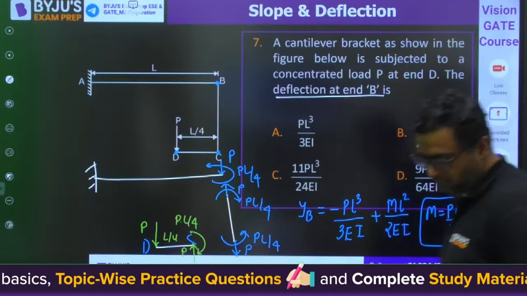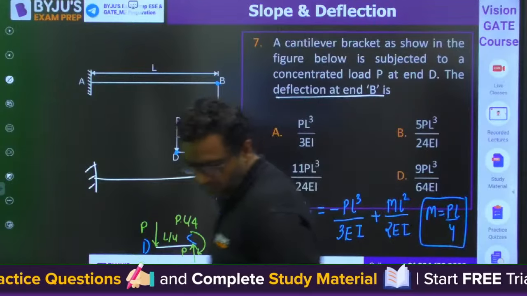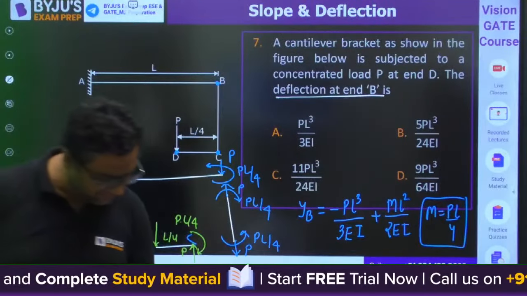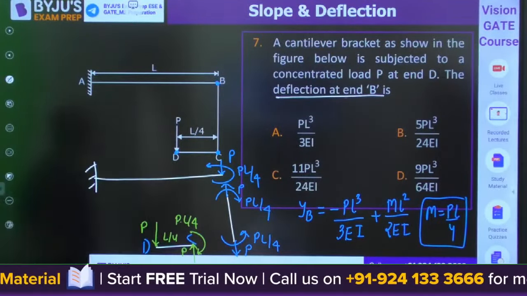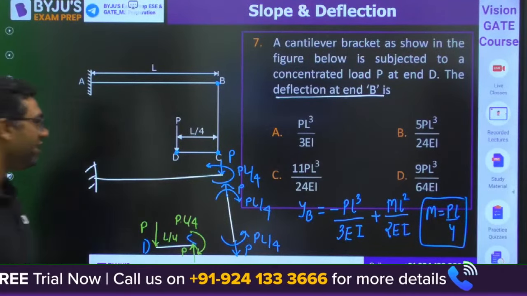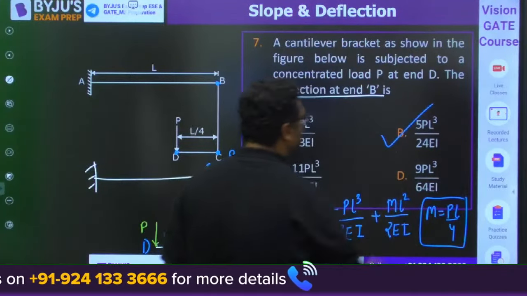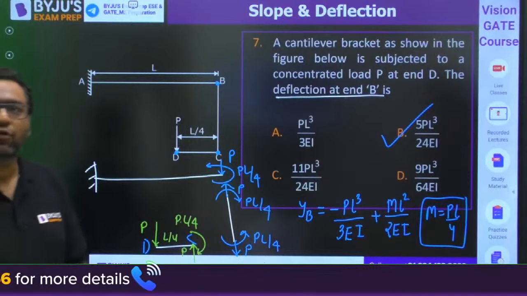Aspirant said B. Question number 6 it is. Yes. Very good. All of you have answered it correctly. B is the right answer. 5 PL cube upon 24 EI is the correct answer.